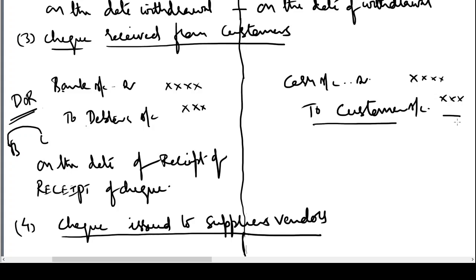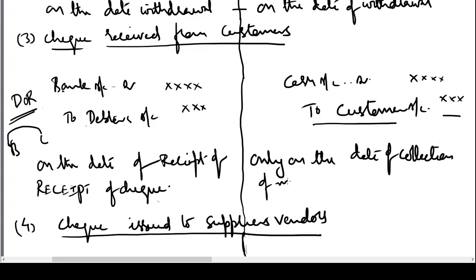We want the passbook to be credited. Okay, so when will the bank pass this entry? The bank will pass entry only on the date of collection of money on the check.